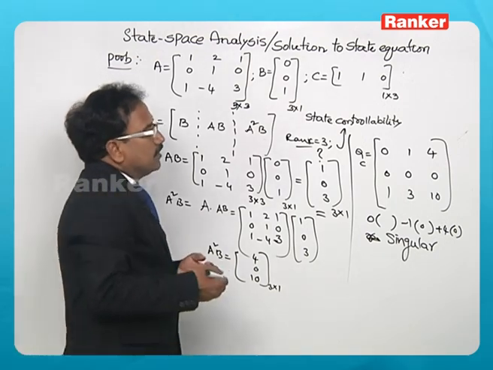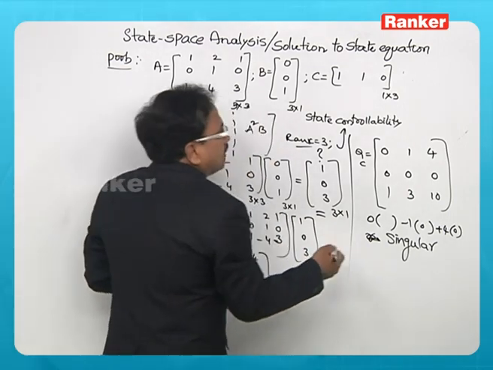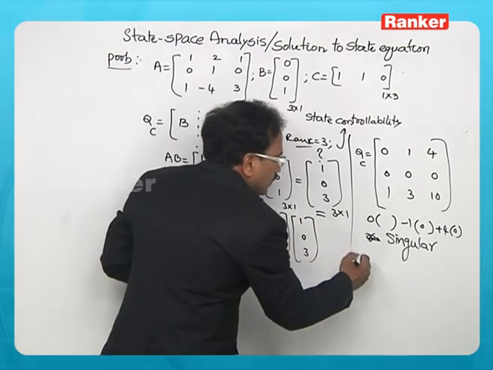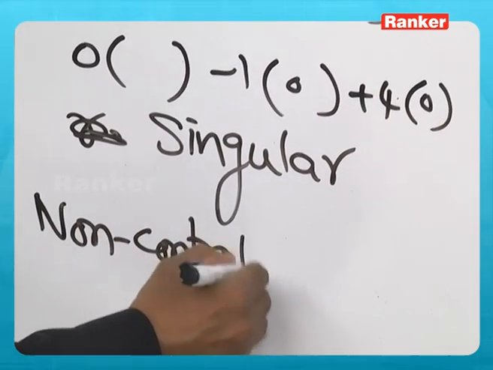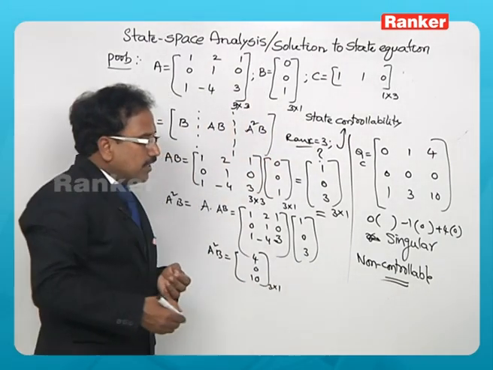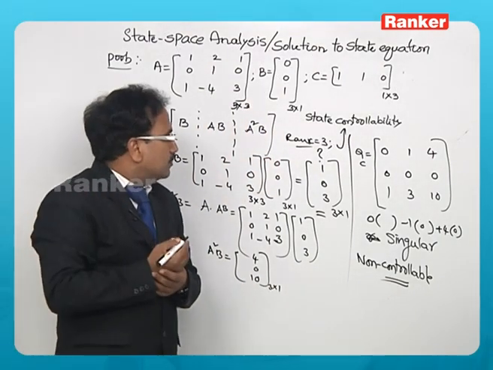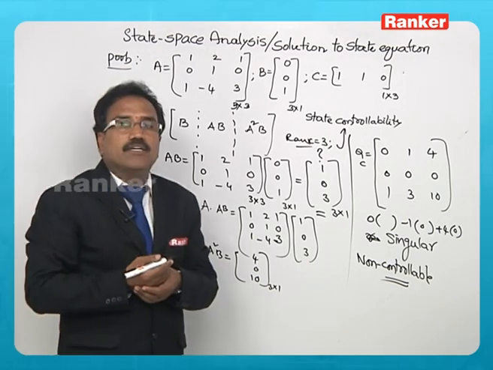So, this is not controllable. We can say that the system is non controllable for state controllability because the rank is not 3 here. You get the determinant as 0, so we say that it is not state controllable.